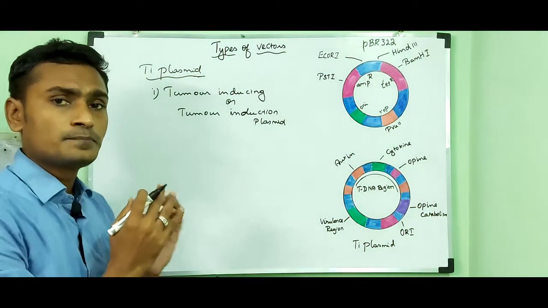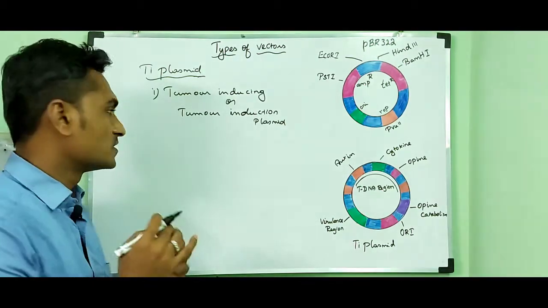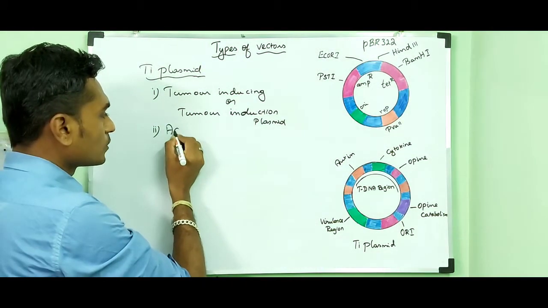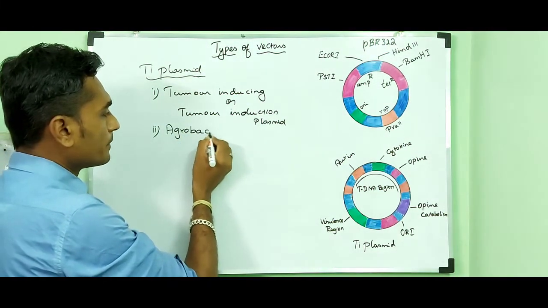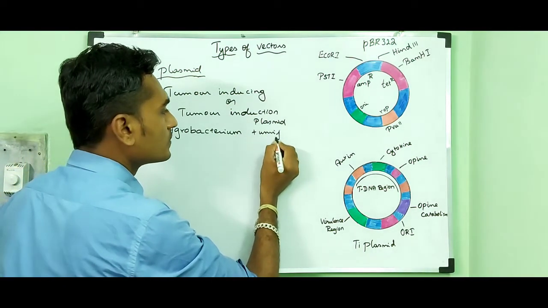Then these TI plasmids are found in the bacterium called Agrobacterium tumefaciens.